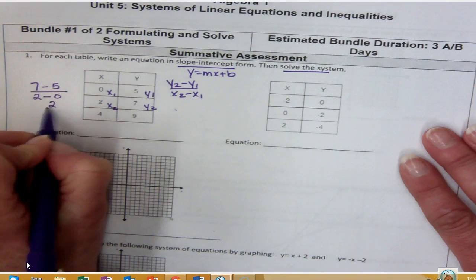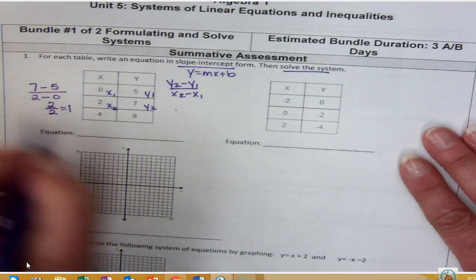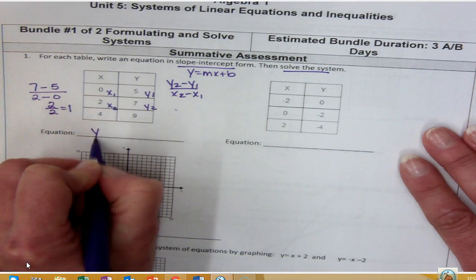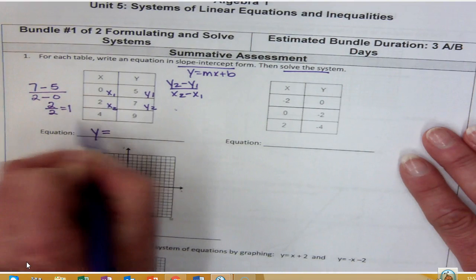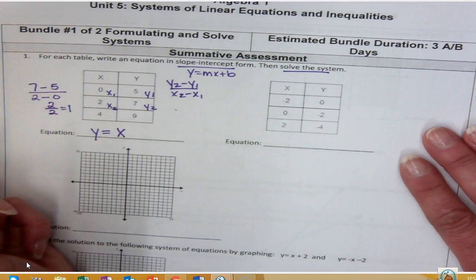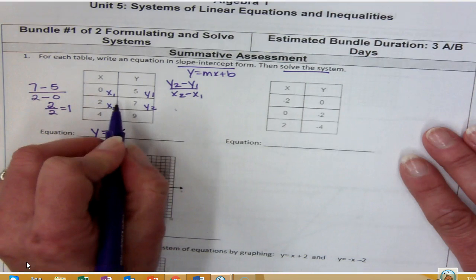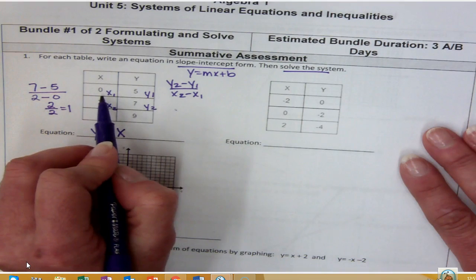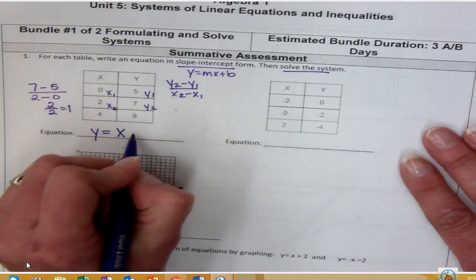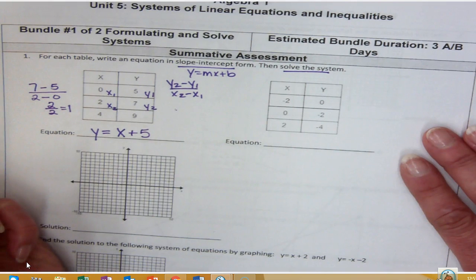I would get 2 over 2, so my slope would equal 1 for this equation. So in my equation, y equals 1 would be my slope, so that's the number that goes in front of my x. Then I need the y-intercept. When x is 0, that gives me my y-intercept, so I'm just going to plug that in. y equals x plus 5.